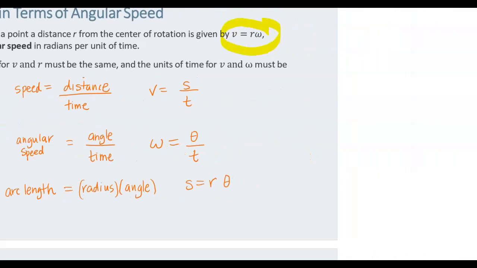So combining these together, I'm going to start here with the original one that tells us speed. And then what I'm going to do is take this here and substitute that into s. So instead of writing s, I'll write r theta over t.